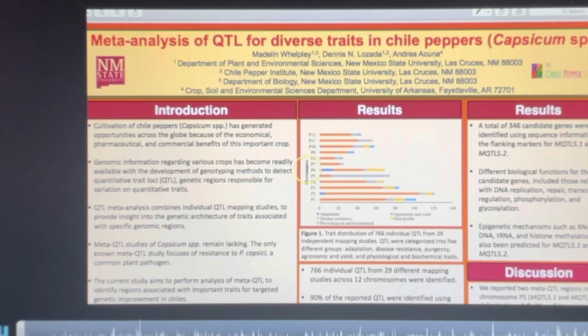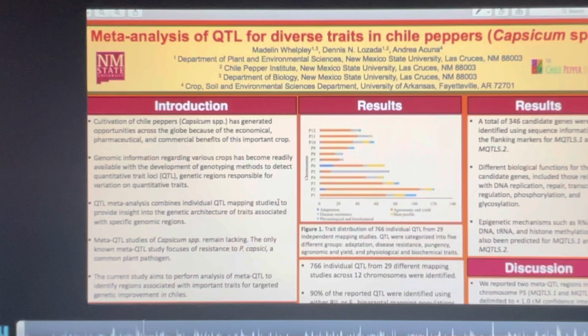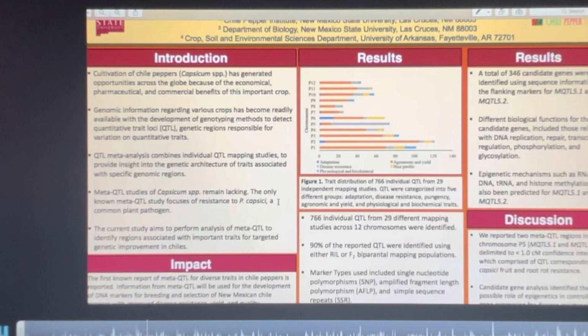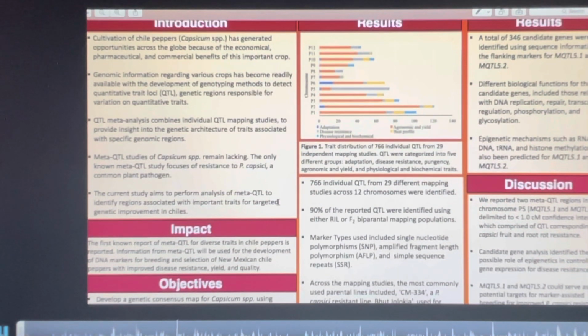Here we're going to be assessing QTL in Capsicum species, and until now there have been no known meta-QTL studies of Capsicum focusing on a variety of different traits. In this study, we performed a meta-QTL analysis to identify regions in the Capsicum genome associated with important traits to be used for genetic improvement.